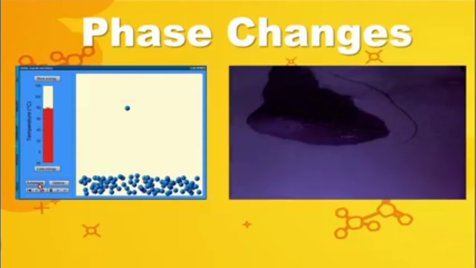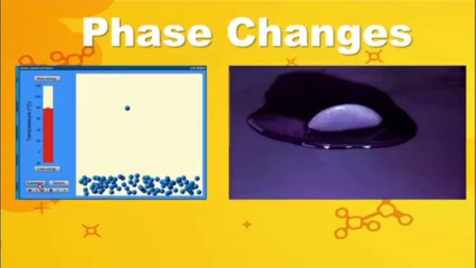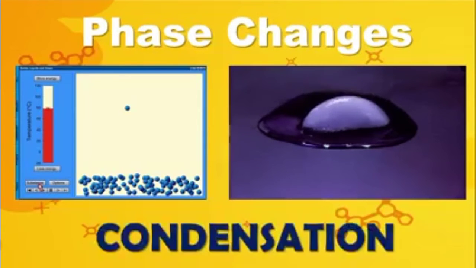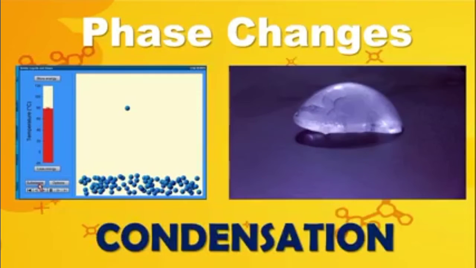If the particles lose enough energy, their attraction for each other can overcome their motion and cause them to associate with one another to become a liquid. This process is called condensation, the process where a gas is changed into a liquid.